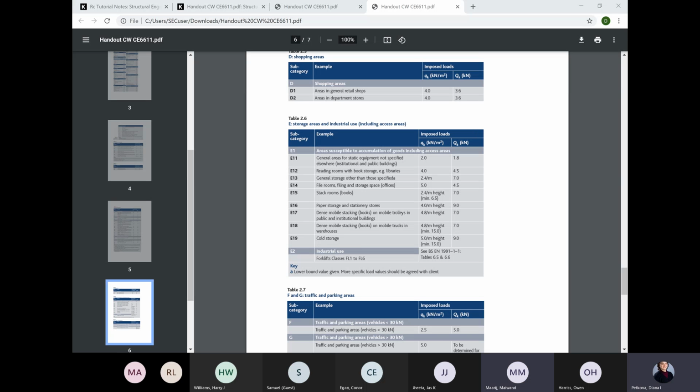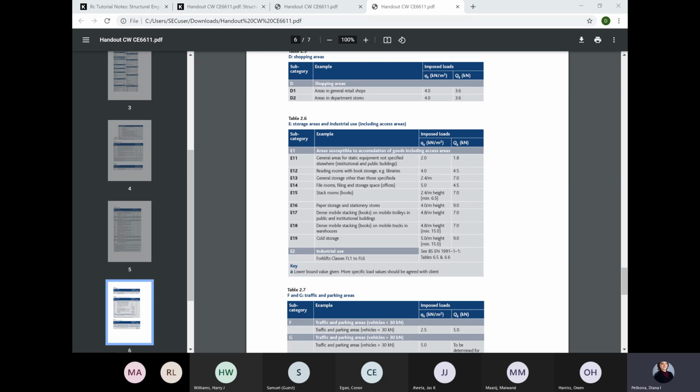Yeah, because on the coursework guide it says 150, on the first page. So 150 instead of 250 as it's given in this handout.